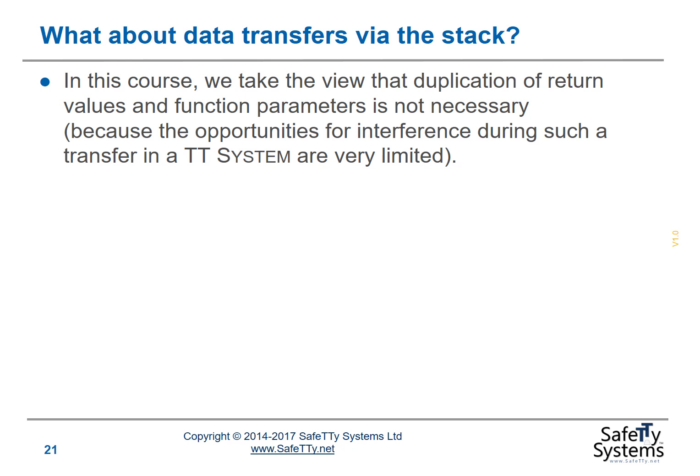In this course, we take the view that duplication of return values from functions and function parameters is not necessary, because the opportunities for interference during such a transfer in the type of TT system that we're discussing in this course are very limited. So we're not suggesting that it's necessary to duplicate all function parameters, and we're not suggesting that it's necessary to duplicate return values from functions.